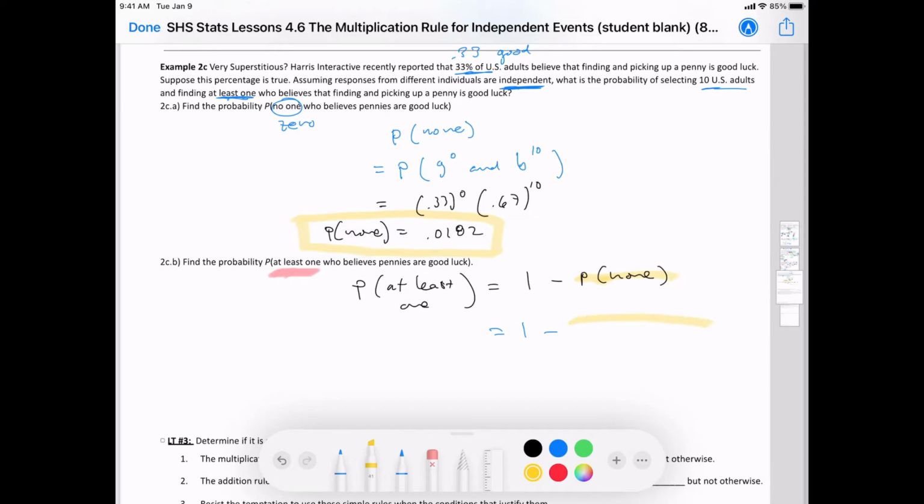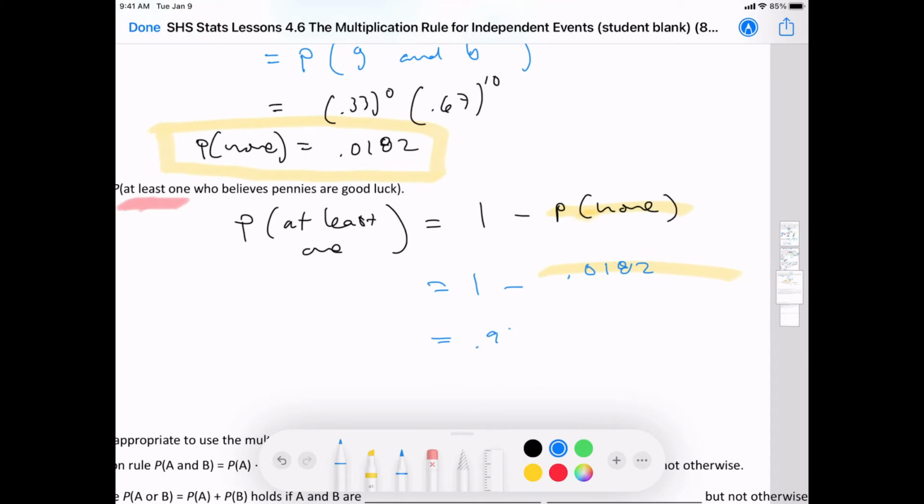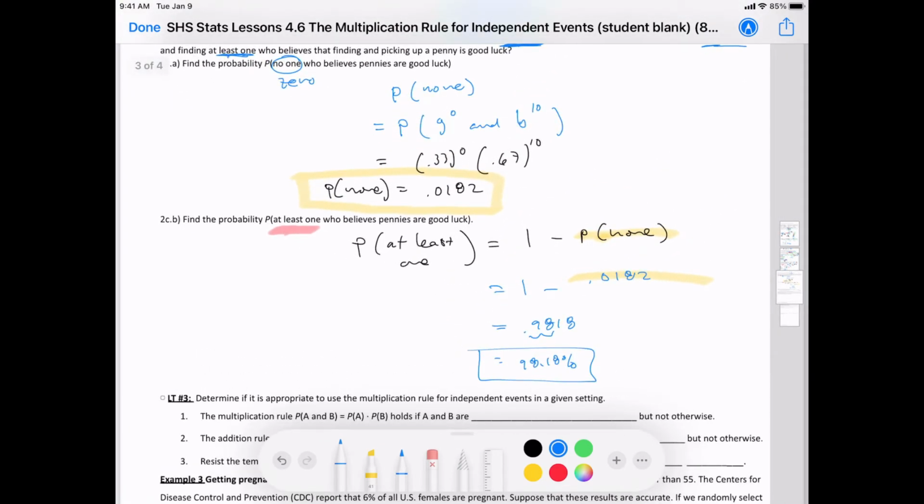None is 0.0182. And if you just subtract those, then you're going to get 0.9818, which is 98.18%. That you pick 10 random US adults, and at least one of them is going to say that picking up a penny is good luck.